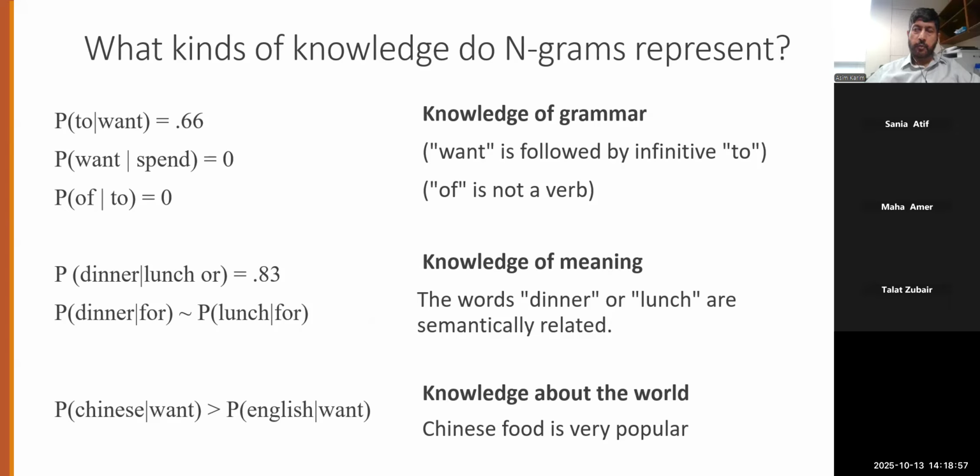You have information about, for example, grammatical usage. For example, I want to: want followed by to. Want is basically a kind of verb, and to is a preposition. So grammatical information is also captured, and this would have a high probability.